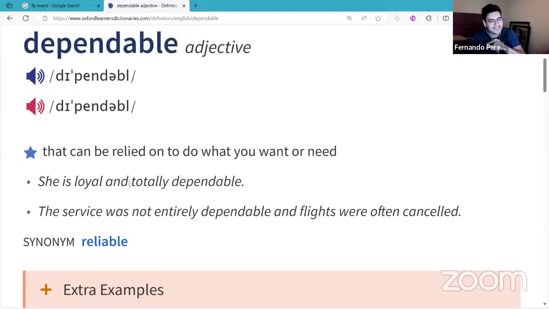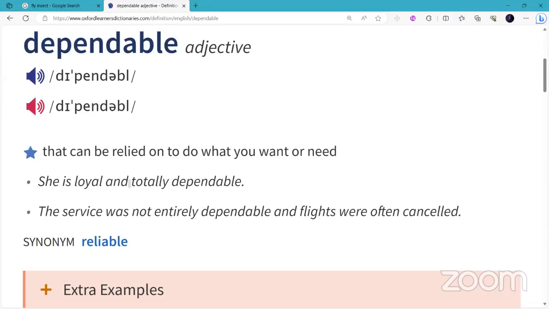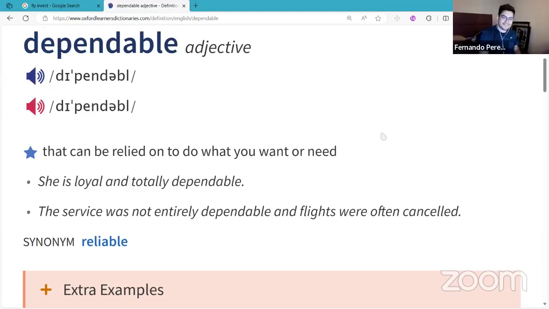The word dependable sounds very similar to dependiente, you know, which is very different. You were thinking dependiente, no? Yes.